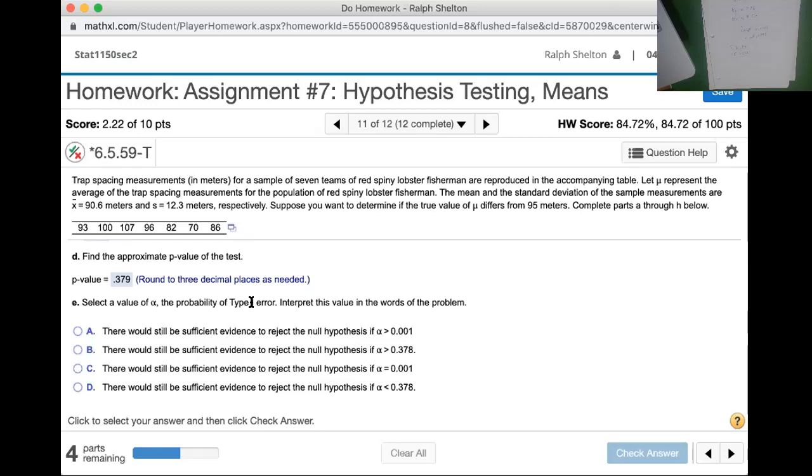So let's go back to the problem. Select a value of alpha, the probability of type 1 error. So your significance value that we keep talking about, which is 1 minus your confidence level, is the probability that you're going to make this error, which is you reject the null when really you should not be rejecting it. That's what a type 1 error is.